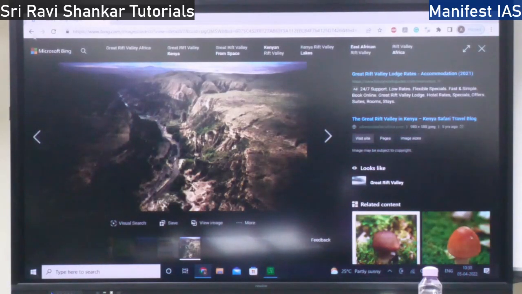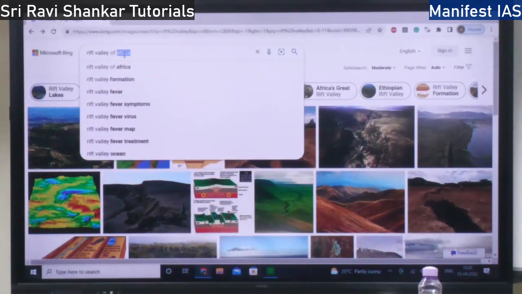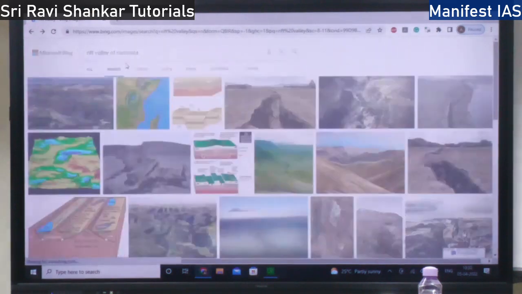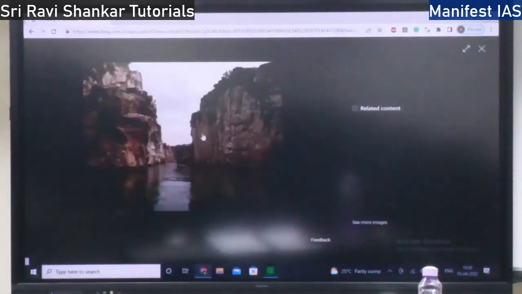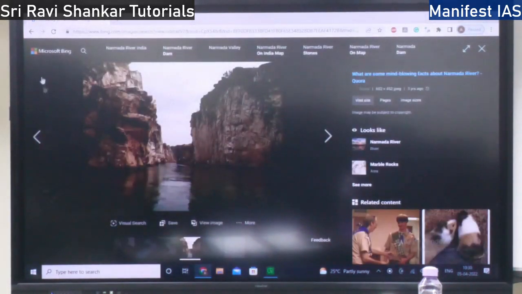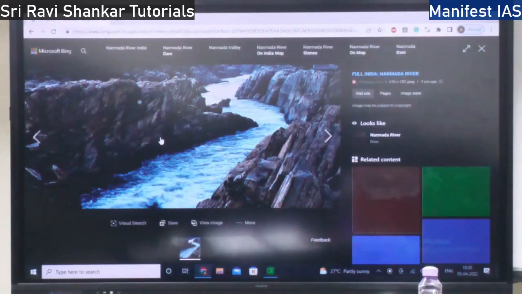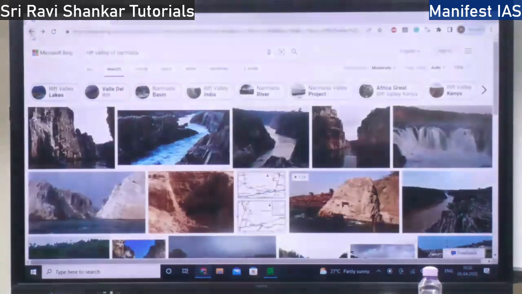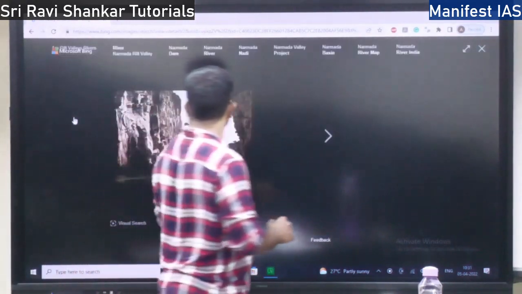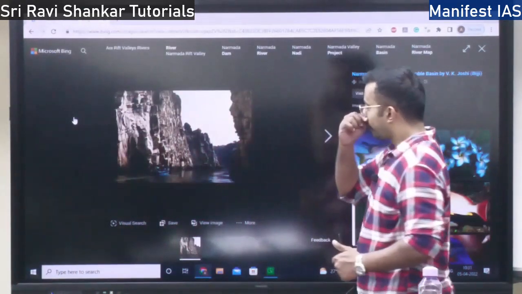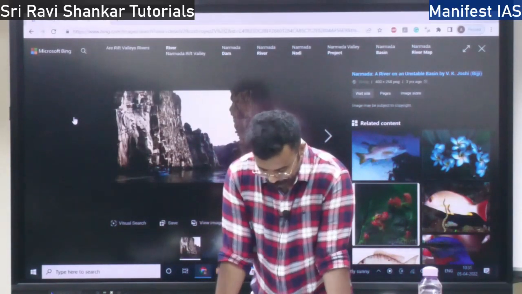This is the Rift Valley of Narmada. Can you see it? This is the Rift Valley. So it flows between the Vindhya and Satpura in a rift valley, right?